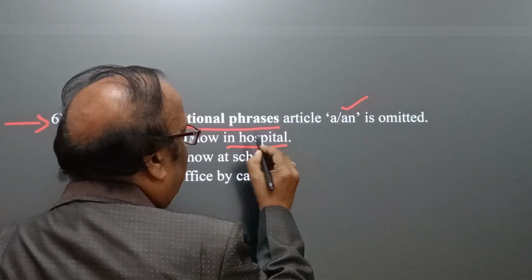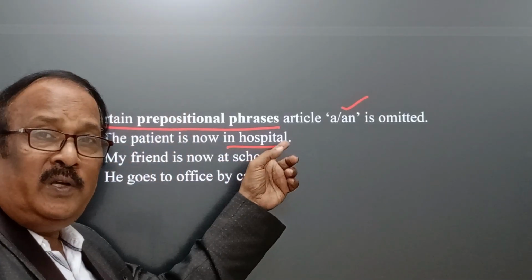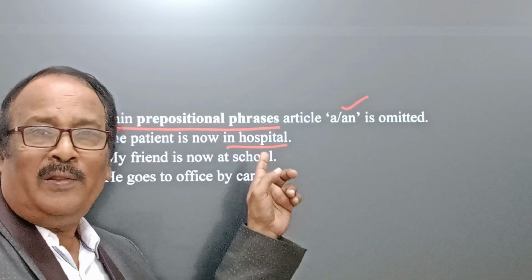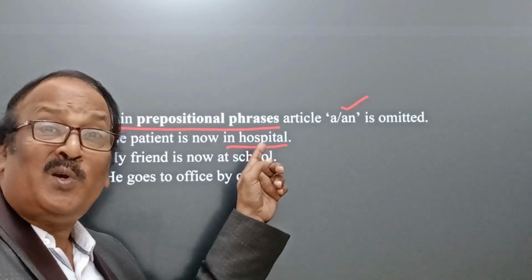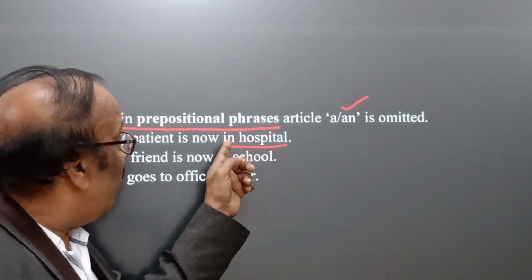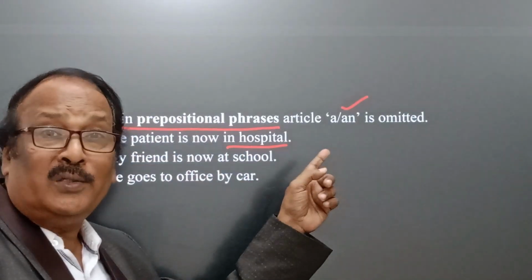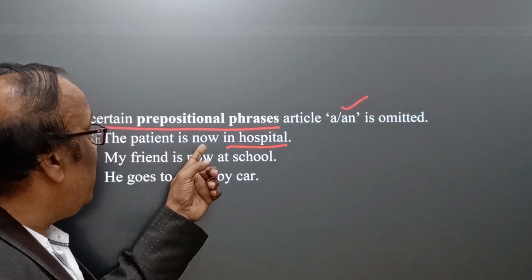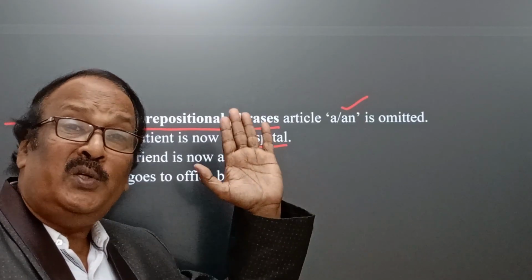You see, in hospital is a prepositional phrase. No doubt, it ends with a noun, but in is there. Therefore, as in is at the beginning of this phrase, it is called a prepositional phrase. We shouldn't write in a hospital because in is there. Here, the patient is now in hospital is right, in a hospital is wrong.